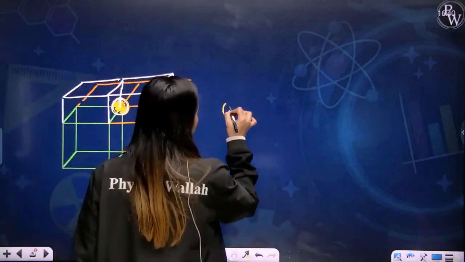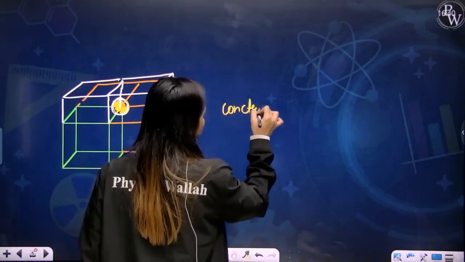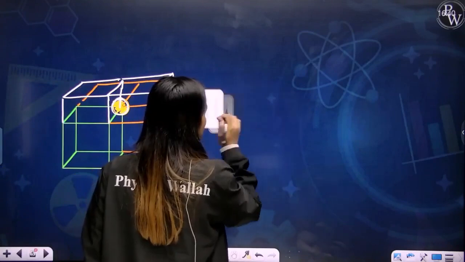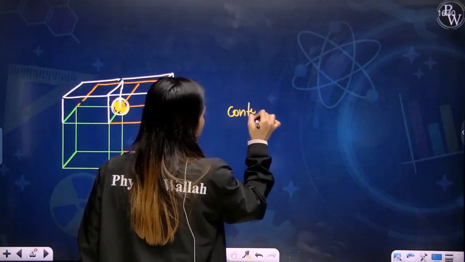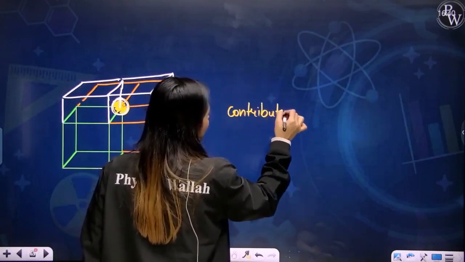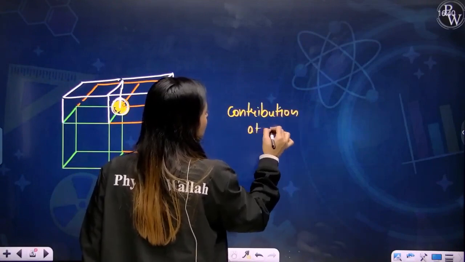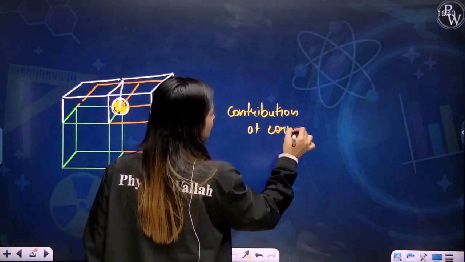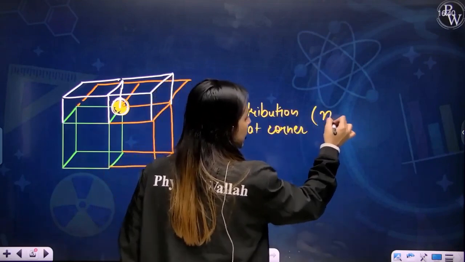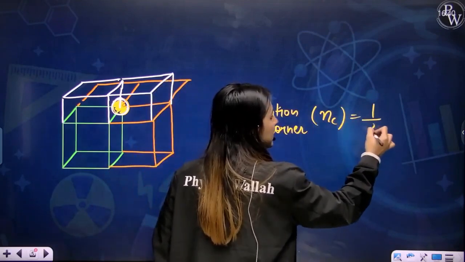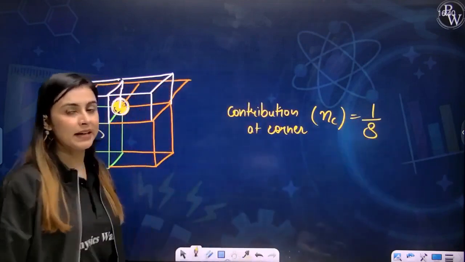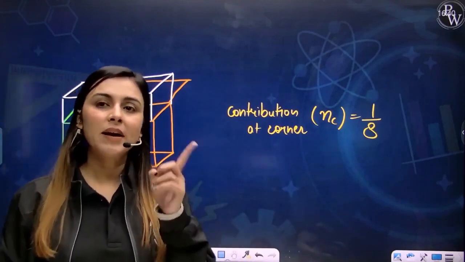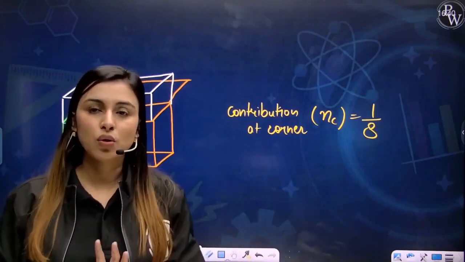So you can write here that contribution at corner, let's say NC, is 1/8. It is always 1/8. One atom at the corner means you have 1/8 of the contribution.